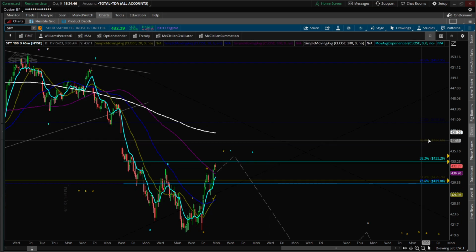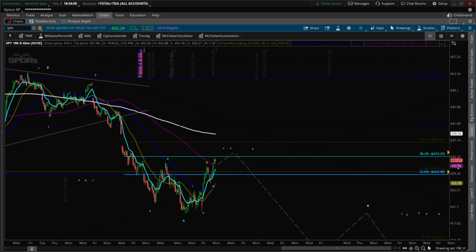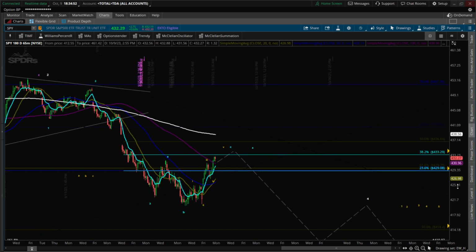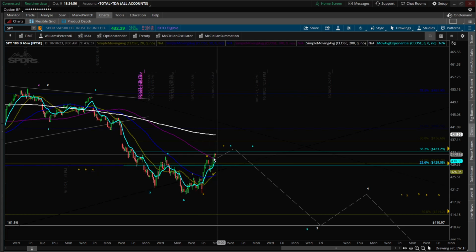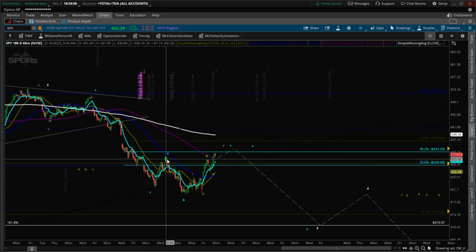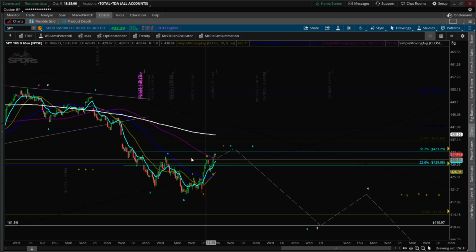Now all the conditions, let me scrunch this in just a little bit more, all the conditions have completed. Okay, we have our ABC. We've come across this possible wave 4 into 5, so we've come higher here.